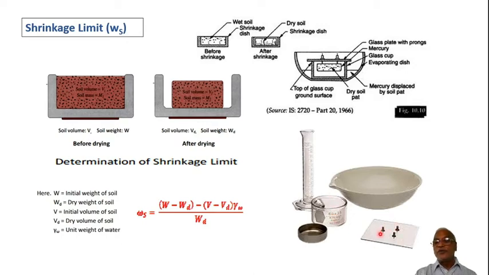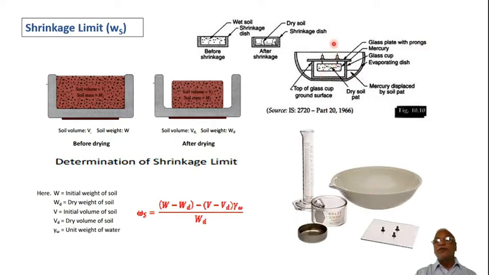Now what you have to do is, using this plate, you have to push it down into the mercury and then up to the level. So that is the top of the cup, and then that is the glass plate with prongs, which will be helping you to push the soil pat into the glass cup.